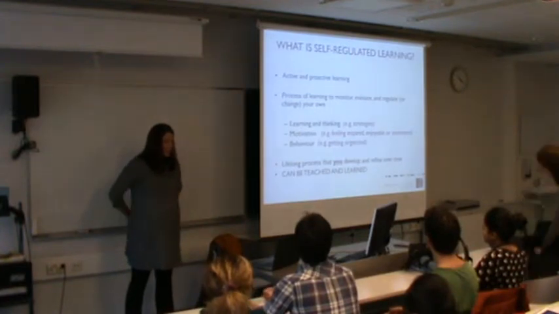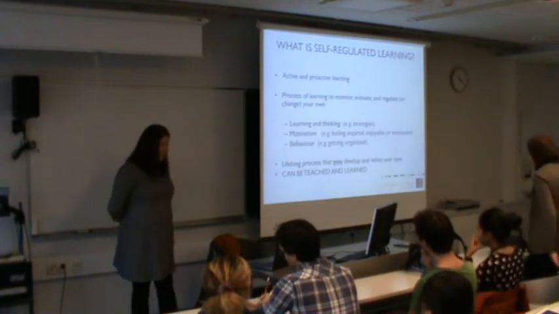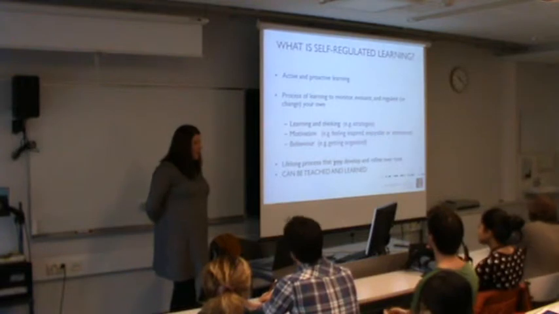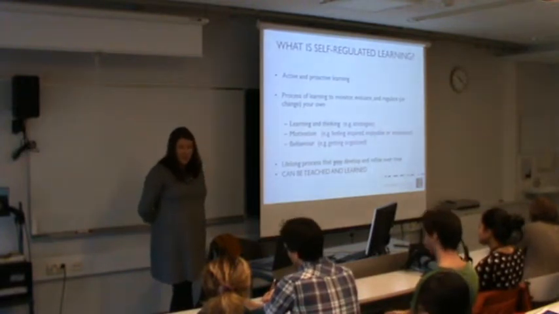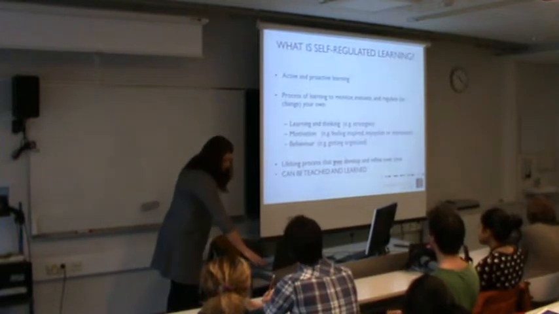And it's a lifelong process that can be developed over time. But the good news is that self-regulated learning can be taught and it can be learned by all students.